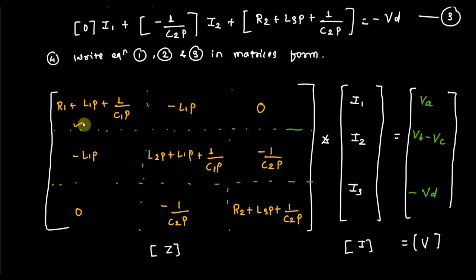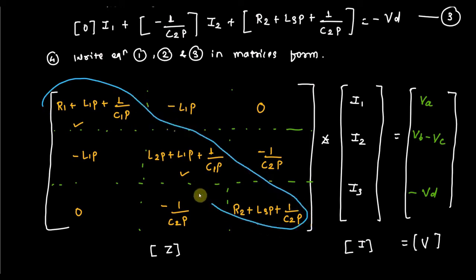You can see that this and this are called the diagonal elements. What you observe is that all diagonal elements are positive, and the remaining are called non-diagonal elements.